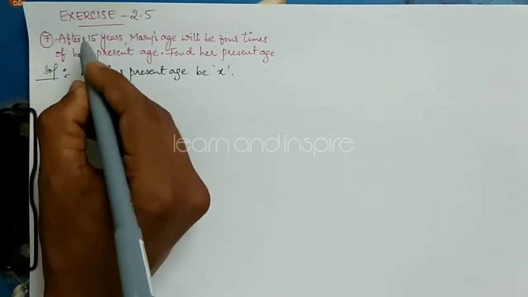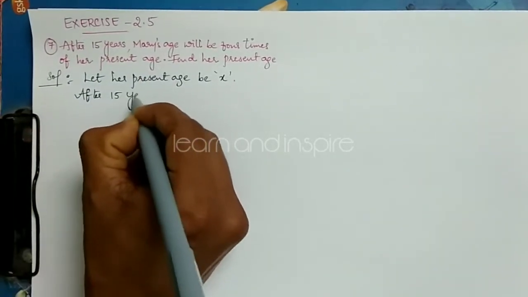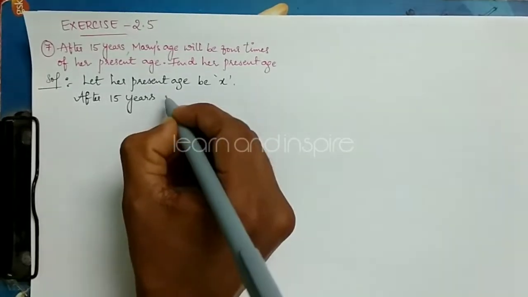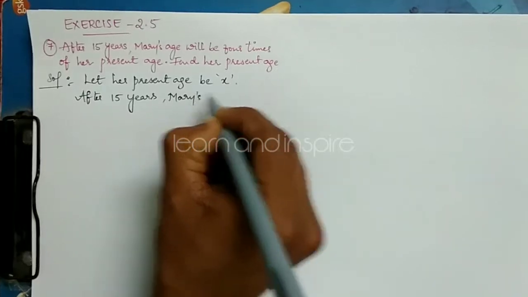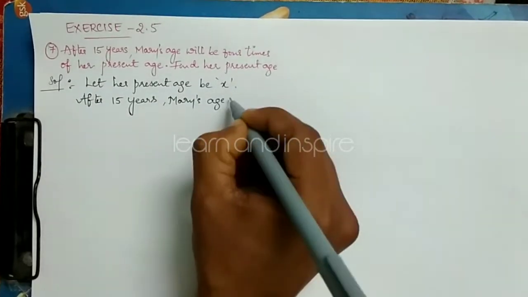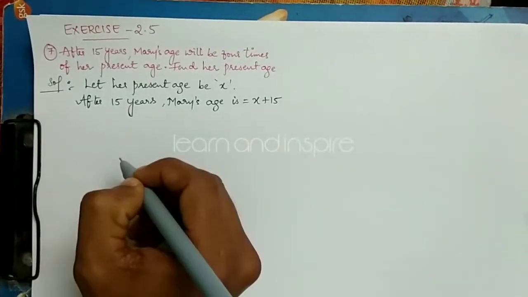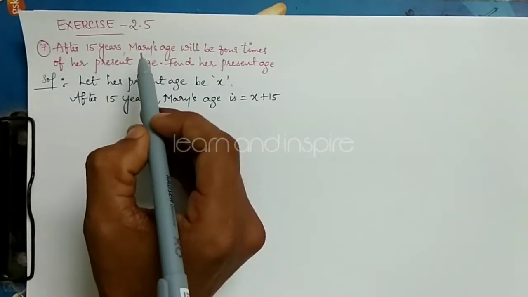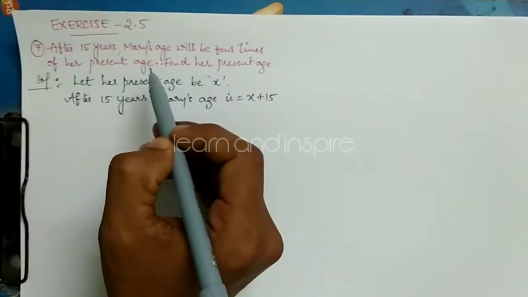Okay, so after 15 years, what is her age? Mary's age after 15 years is x plus 15. Now this is the condition: Mary's age will be 4 times her present age.